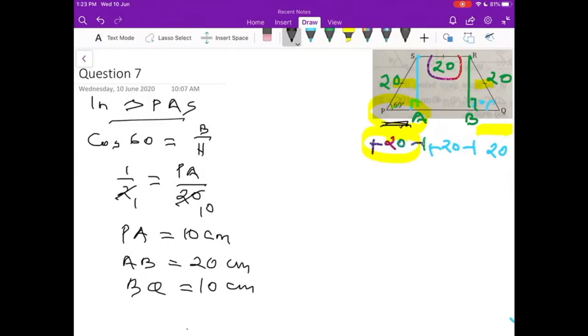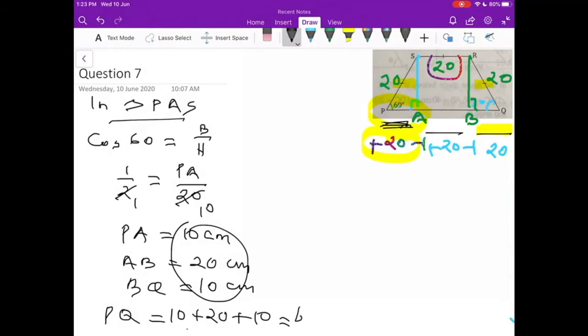Now if you do the total, PA plus AB plus BQ, then you will get PQ. The question is telling you to find PQ, and PQ will come if you add all these three. So it is 10 plus 20 plus 10, that is 40 centimeter. So this is your first part of the question.